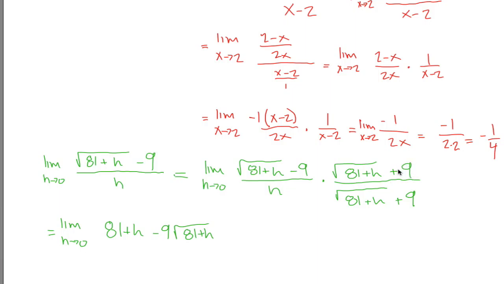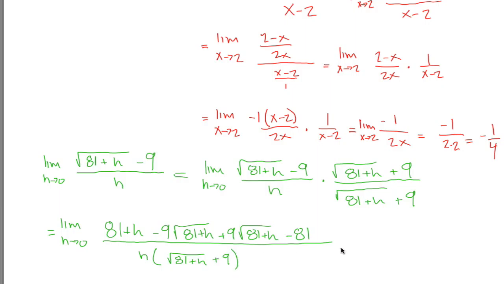And then I take this positive 9 and multiply it by this square root of 81 plus h. And then finally the negative 9 times the positive 9 gives me minus 81. And that entire mess, which will actually simplify quite nicely, gets divided by, on the bottom, h times all this stuff. If you really wanted to, you could distribute, but we're going to cancel things out, so it's easier to leave it like this.